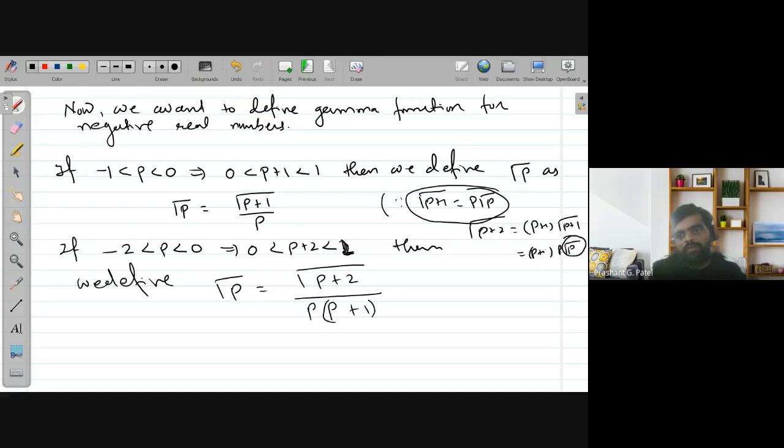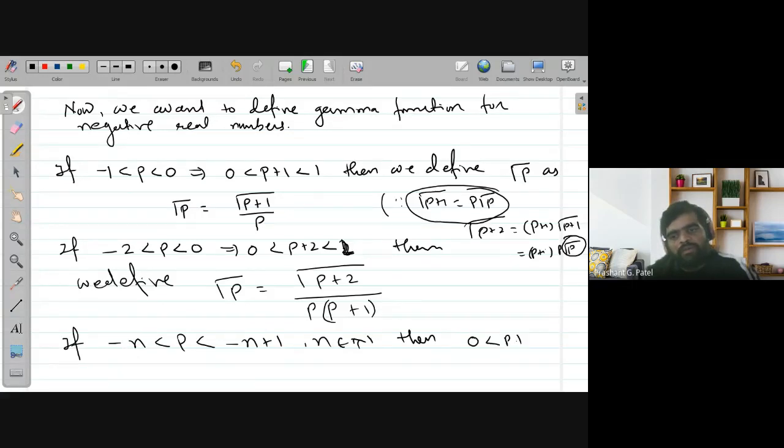And if you go further in the same manner, in general, for any n belonging to N, if your p value is between minus n and 0, and if I add n here, then p plus n is between 0 and 1.